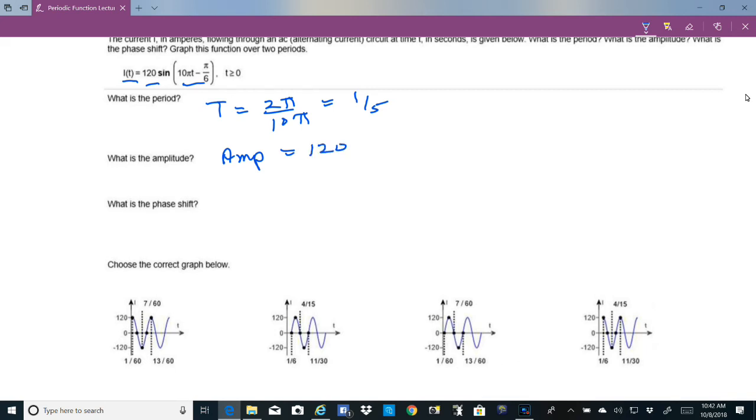And the phase shift, we're going to have to factor 10 pi out of the sine argument to see what the phase shift is. So we factor 10 pi out, and we get t minus pi over 6 divided by 10 pi.